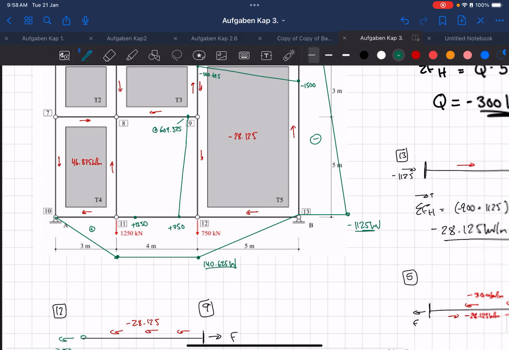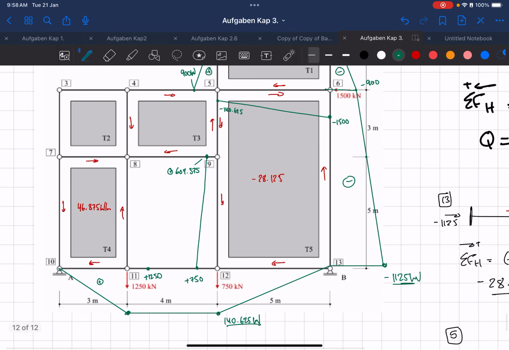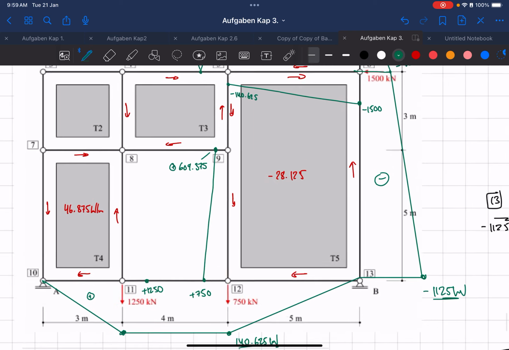So. And this means that the 1250 is 1250 minus 46.875 times the height, which is 5 meters. So I would be left at the end with a 10,000.